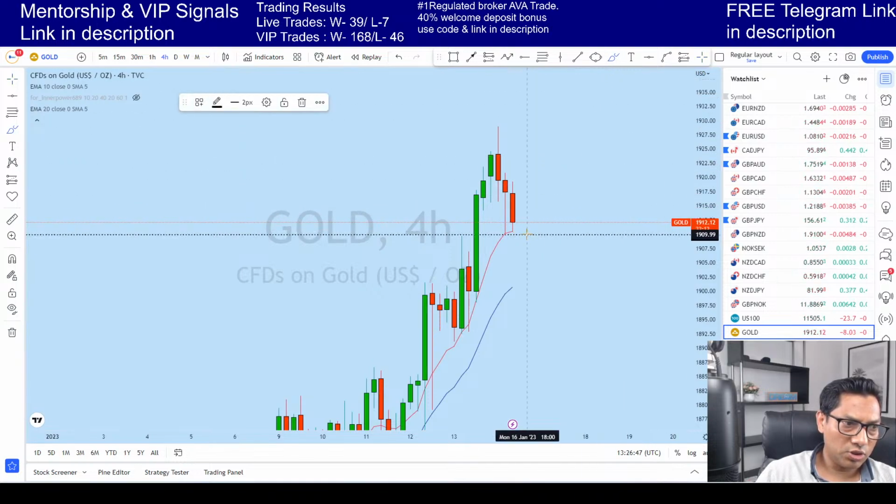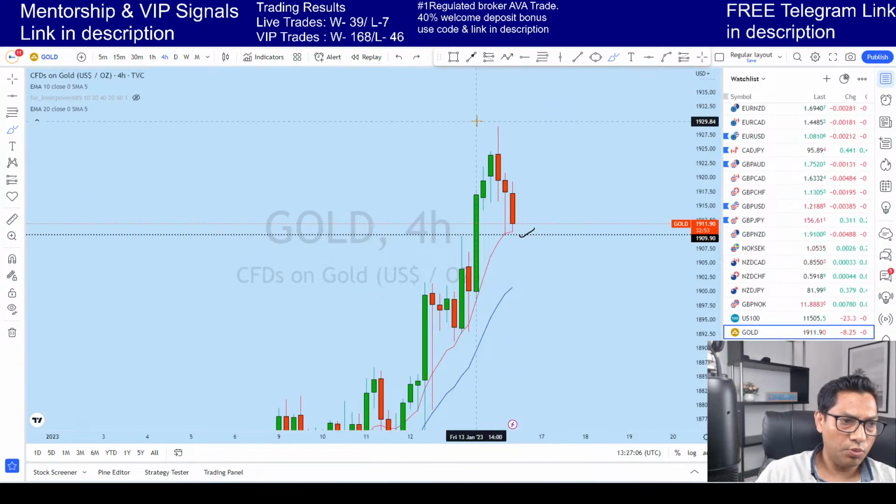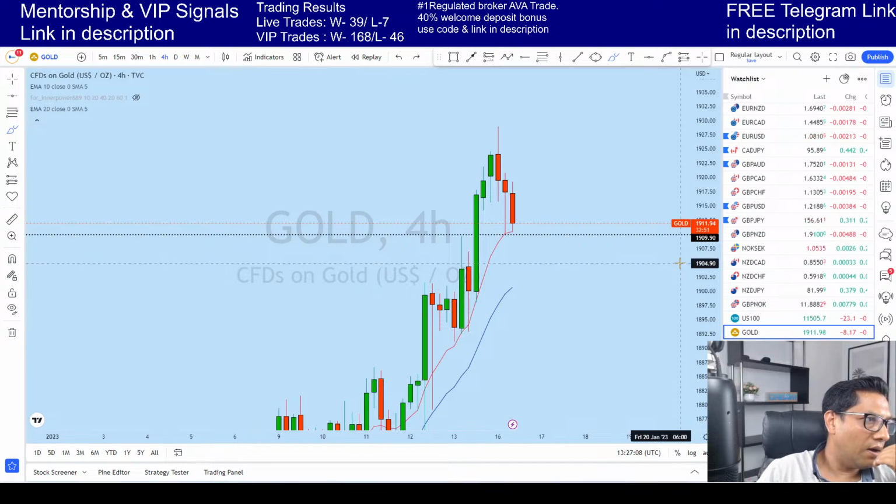If the next one opens with a gap, disconnected from the support, we might suddenly see a reversal. Otherwise, if this previous resistance turning support is being respected, we might see gold again maintaining its bullish move. It depends on how the price action forms.